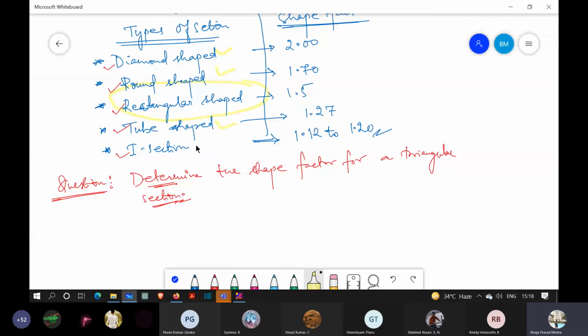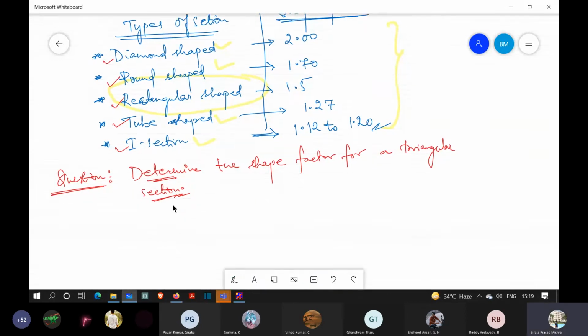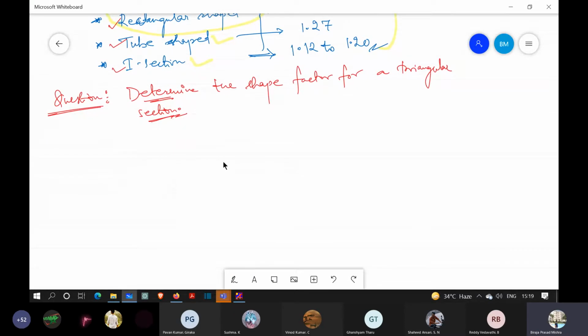Now in the question we have a problem where we need to find out the shape factor for the triangular section. First of all, let us say that we have the section like this.